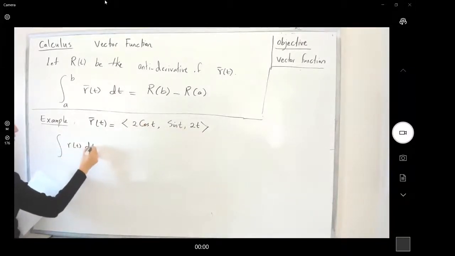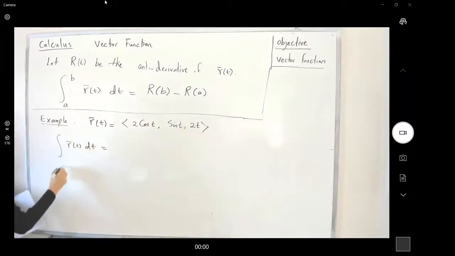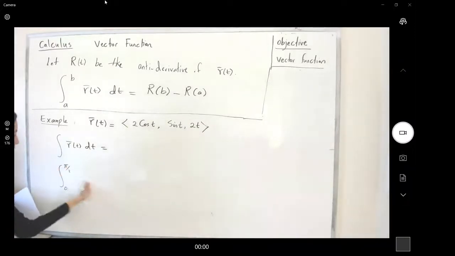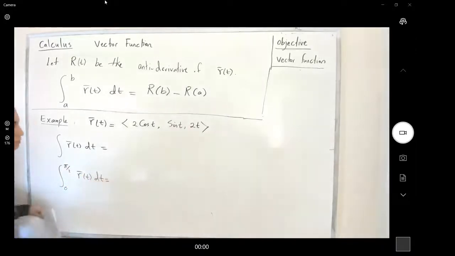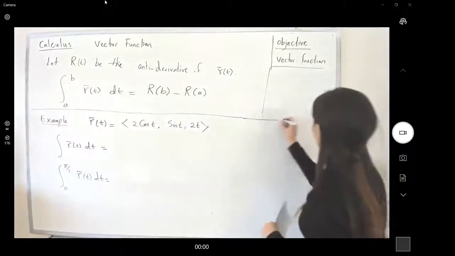In general, what is this integral? And what if I ask you to find the integral from 0 to pi over 2 of r of t dt? And what's the graph like?